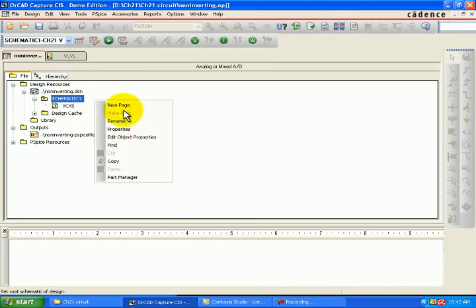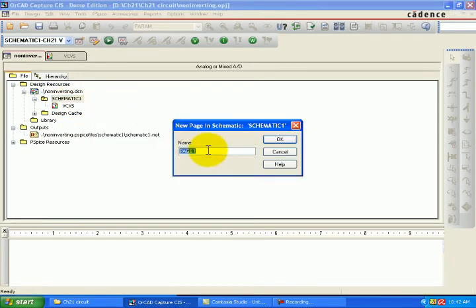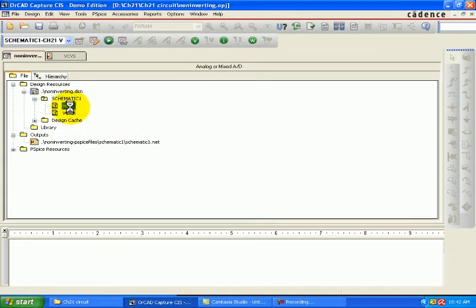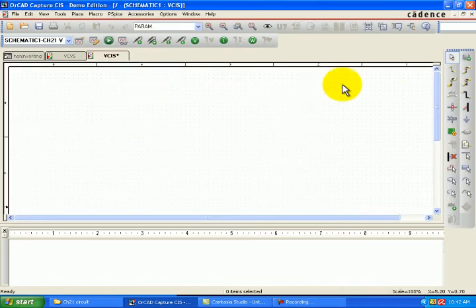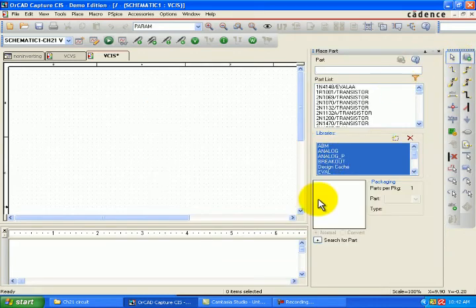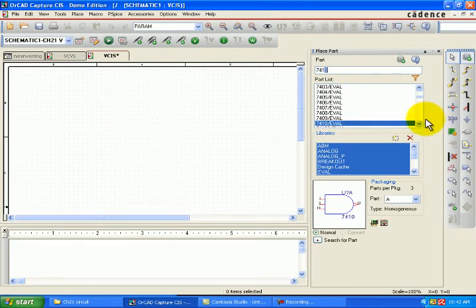Now make another lab for VCIS, another schematic, VCIS, I'm sorry, voltage controlled current source. So there will be a controlled source, and there will be a voltage controlling a current source.